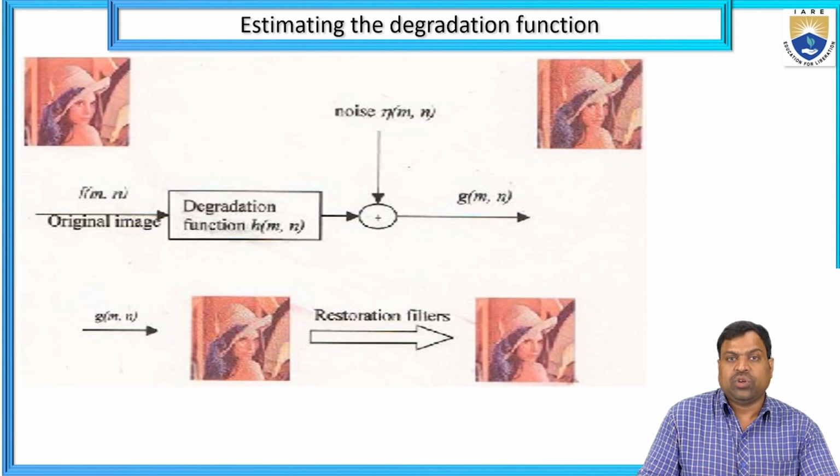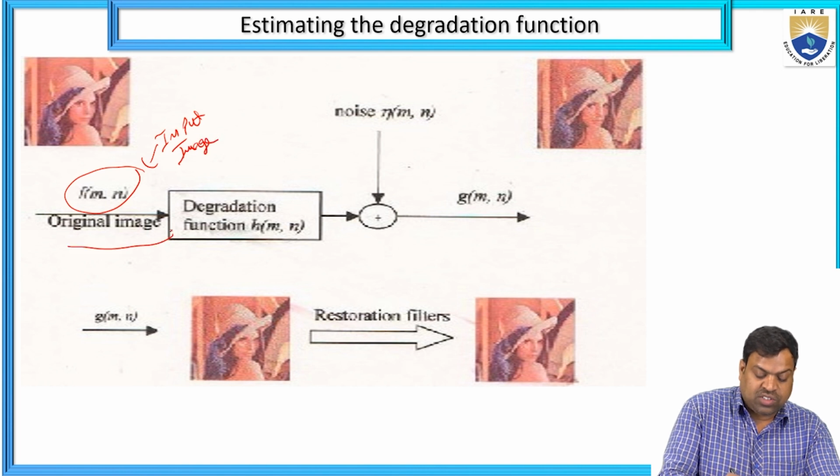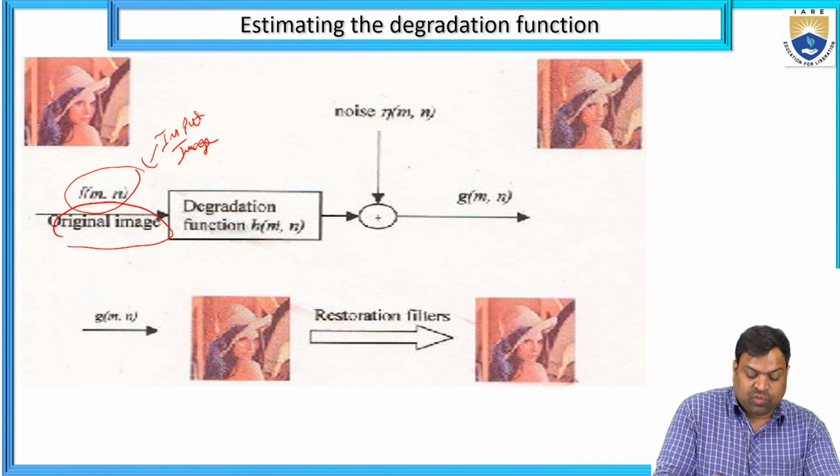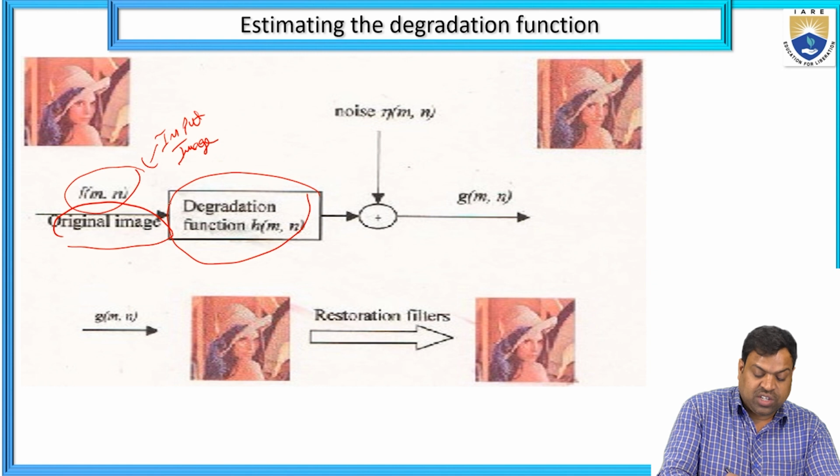So here one example: f of m comma n is the input image. That is the original image. For the image, I am applying the degradation function, that is h of m comma n. That means here, what is happening? F of m comma n star h of m comma n.